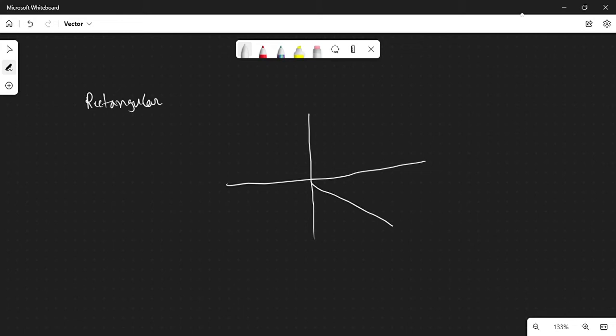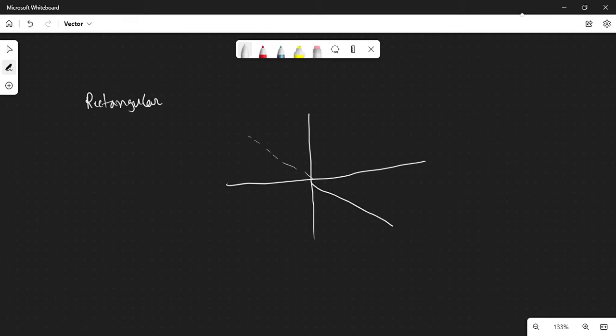So the first type of polar vector is the rectangular unit vector. Let's say you have a graph of x, y, and z axes. This is the y-axis, this is the x-axis, and this is the z-axis.